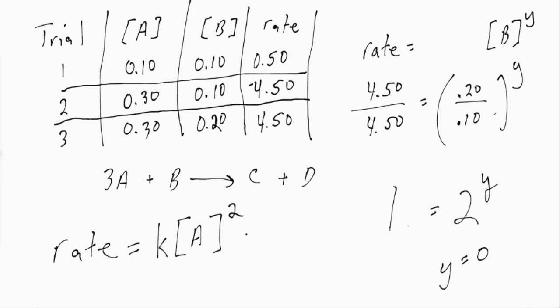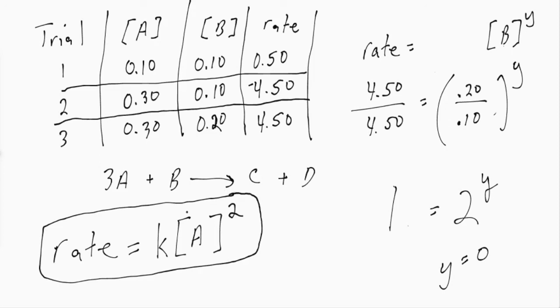I'm not even going to include B in the rate equation. And the reason why is because it's 0 order. It doesn't make any sense to include it in the rate equation because it does nothing to affect the rate. So this is your rate law, rate expression, rate equation for this reaction.